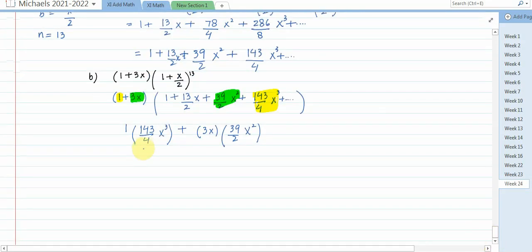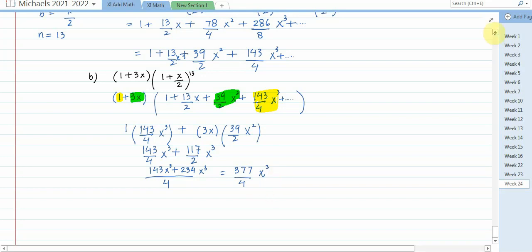If you solve it, it will be 143/4 x cube plus 3 into 39, 117/2 x cube. You can take LCM here, that will be 4. It will be 143 x cube plus 117 times 2 leads to 234 x cube. When you add these two, 234 plus 143, it will be 377/4 x cube.